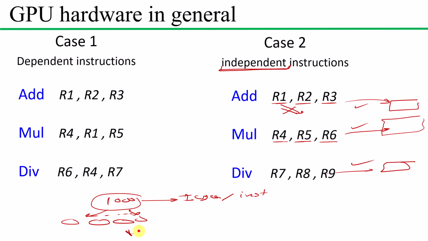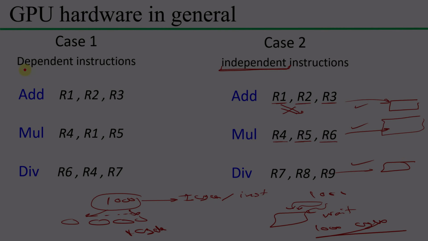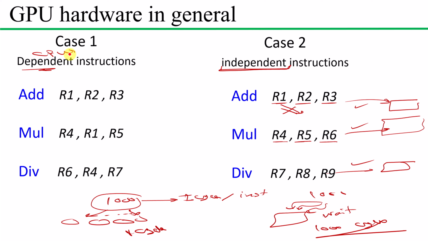However, in a dependent situation, it would take 1000 cycles because each instruction must wait for its predecessor to finish. From our discussion, we can deduce that CPUs are specifically designed for operations that are sequential. And sequential here means each instruction depends on a result from a previous one.